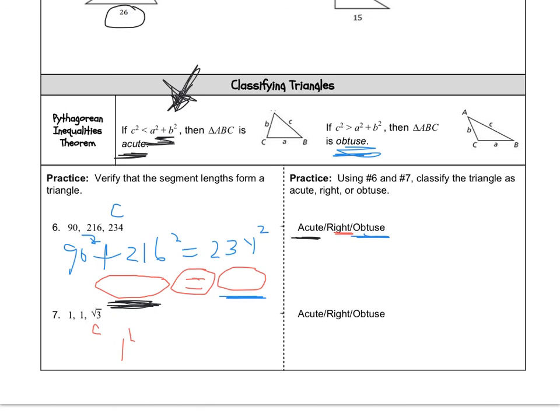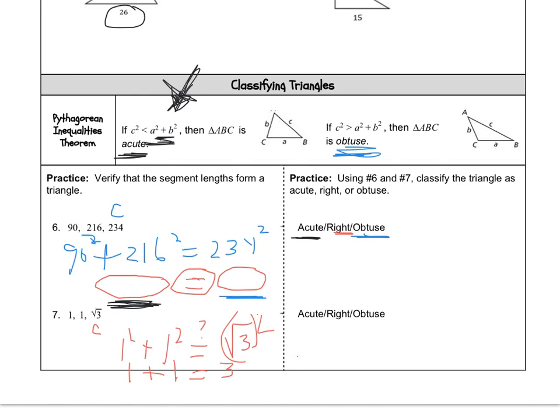So 1 squared, that's 1 leg, plus the other leg, that'd be my b, 1 squared. We'll see if that's going to be equal to the hypotenuse squared, and so now I have the square root of 3 squared. What is 1 squared? That's 1. And the square root of 3 squared would just give me 3.